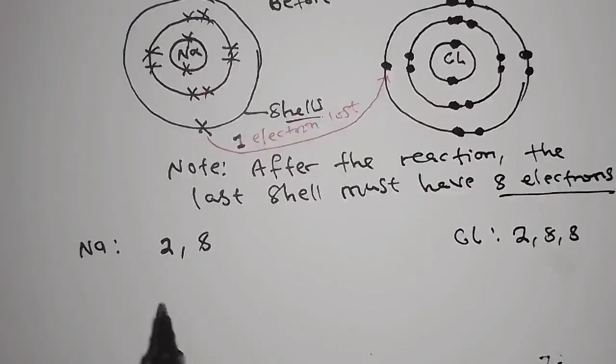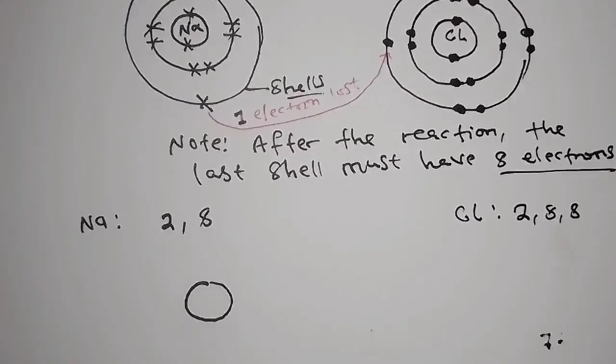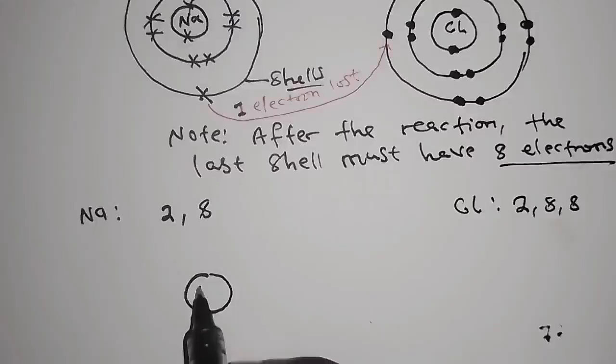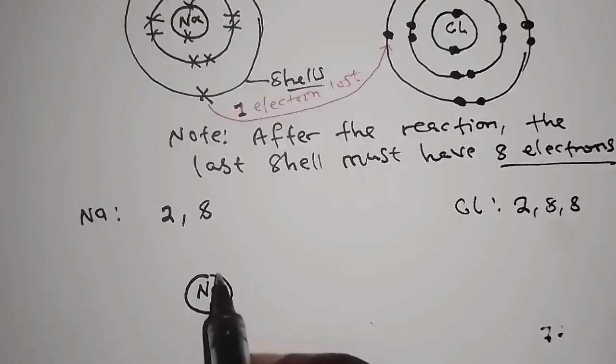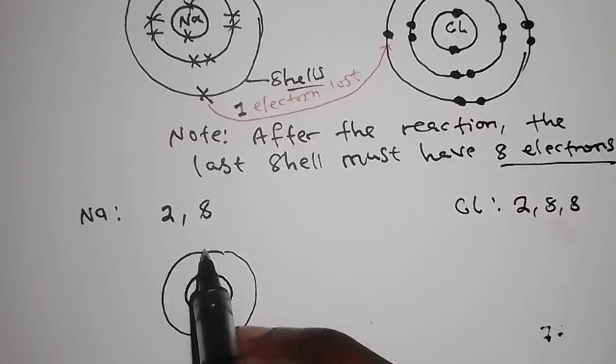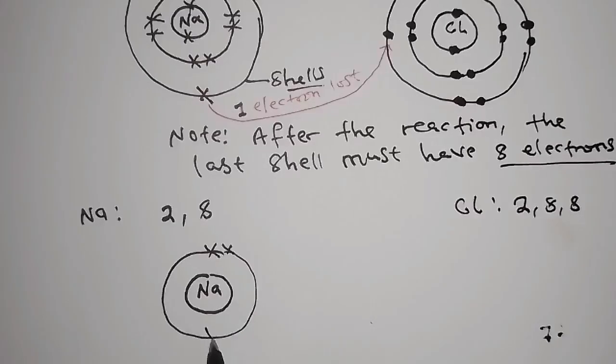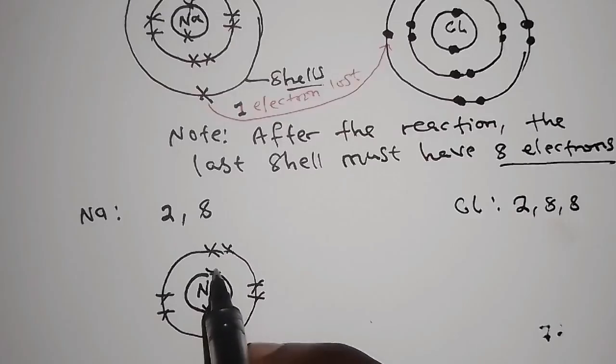So we can now draw those. At the middle is sodium, and we use the star, 8 in this shell, then in the first shell, just 2.